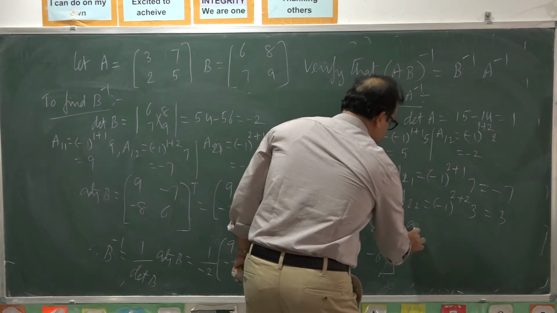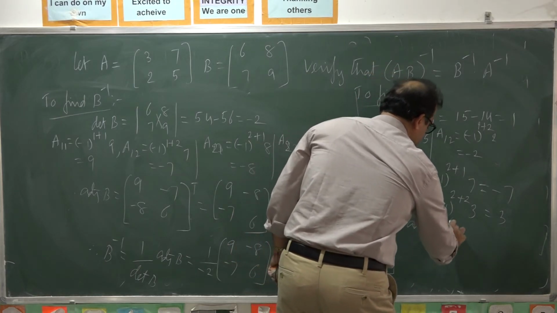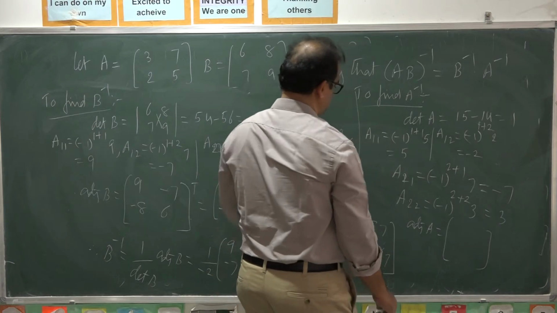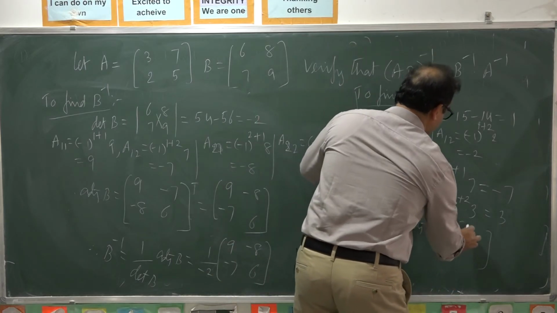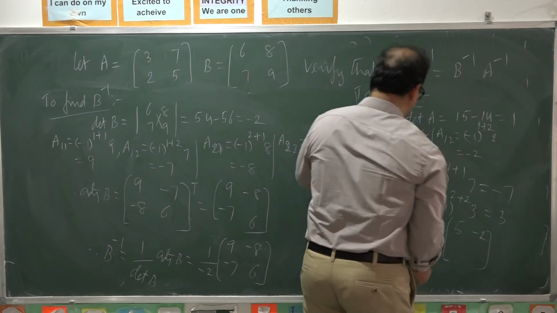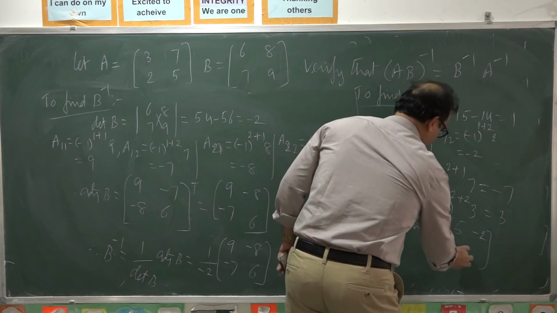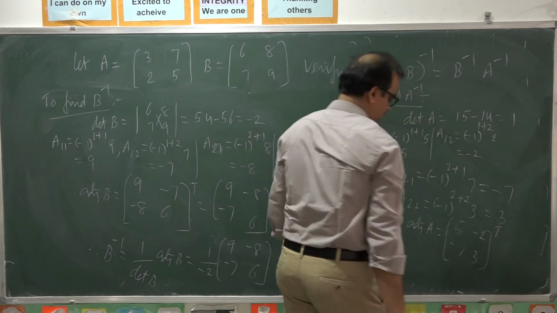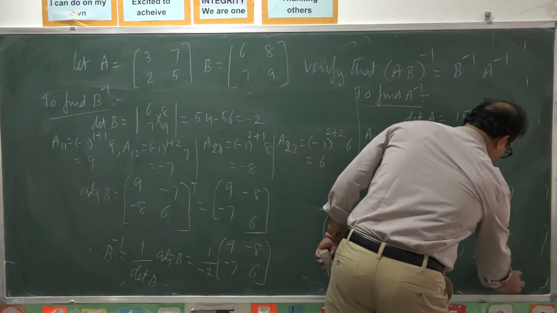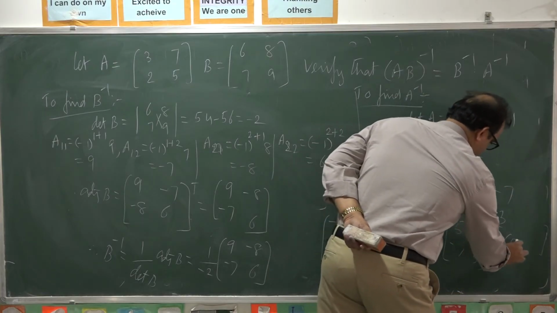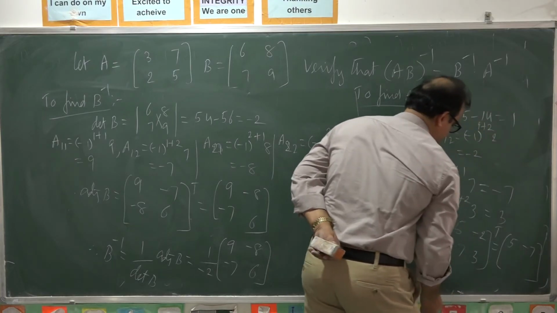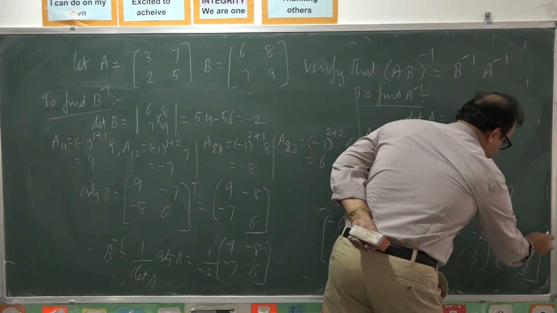Therefore adjoint A is equal to 5, minus 2, minus 7, 3. Apply transpose to that, you get 5, minus 7, minus 2, 3.